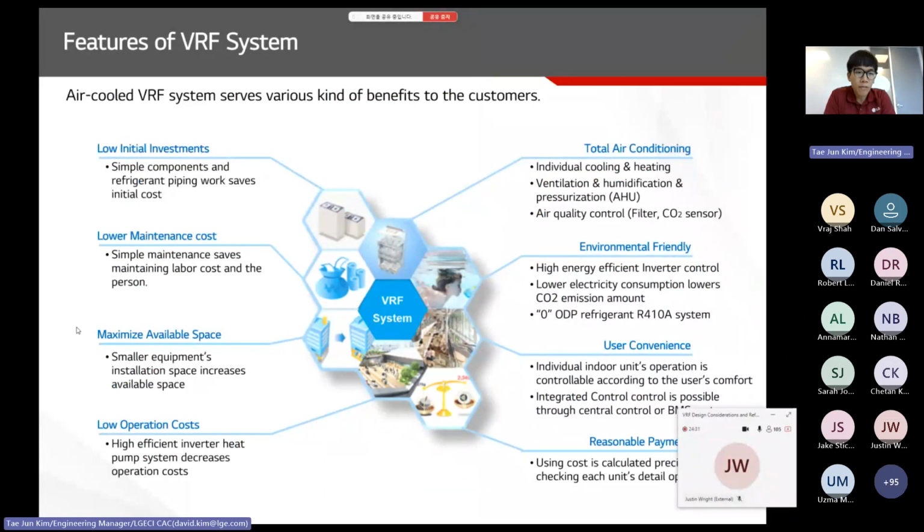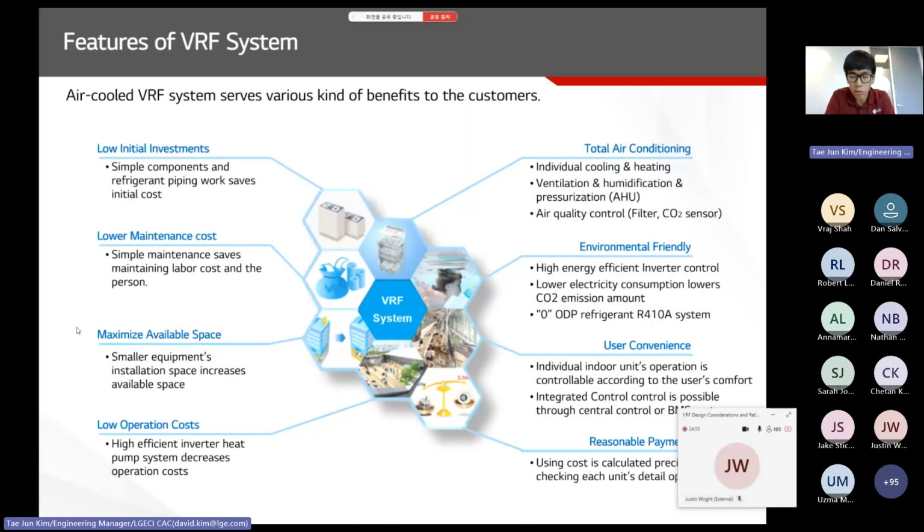Having said that, the VRF serves a lot of benefits across sectors. Low initial investment, because we're using simple components and simple refrigerant piping across the building. Lower maintenance costs, because basically all you have to do is clean the heat exchangers and change the indoor unit filters for the basic maintenance.